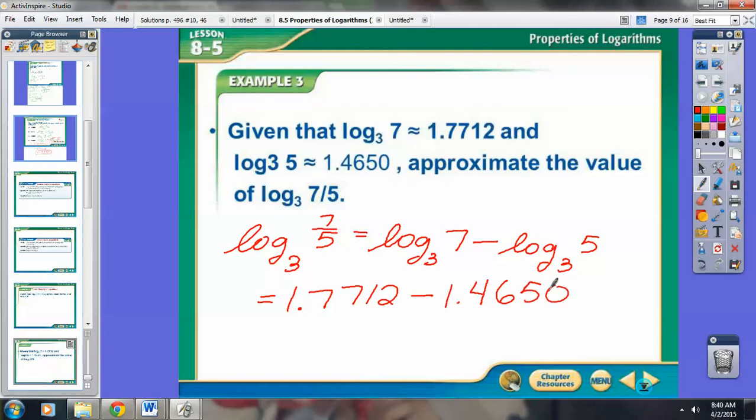If we subtract these two values, 1.7712 minus 1.4650, it's approximately 0.3062.